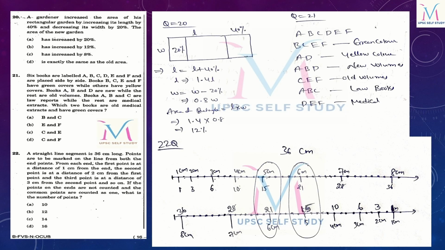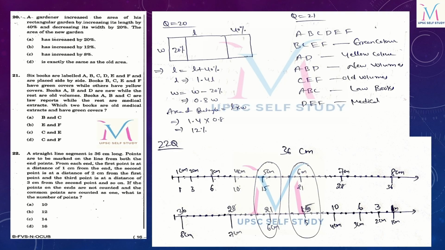So again, clearly I am explaining. The first point is at a distance of 1 centimeter from the end. The second point is at a distance of 2 centimeters from the first point, the third point is 3 centimeters from the second point, the fourth point is 4 centimeters from the third point, the fifth point is 5 centimeters from the fourth point, the sixth point is 6 centimeters from the fifth point, the seventh point is 7 centimeters from the sixth point, and the eighth point is 8 centimeters from the seventh point.